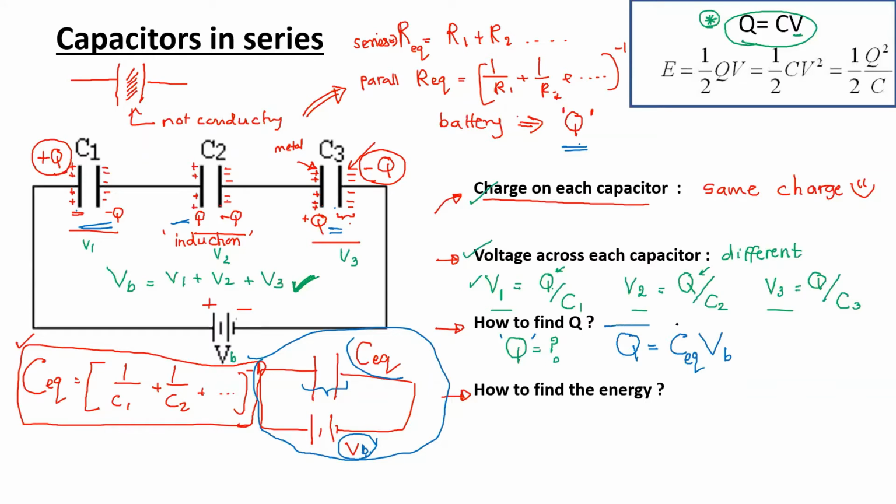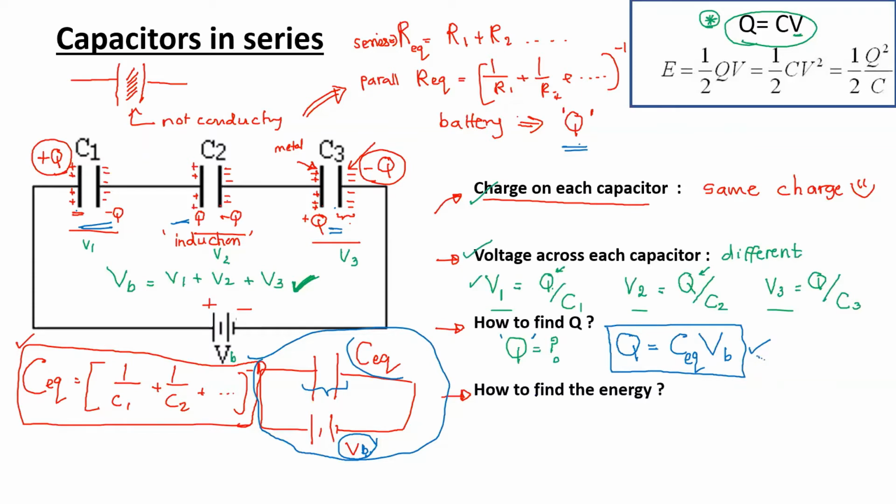So this is how you calculate the charge when your capacitors are in series. You find the equivalent capacitance, and then plug it into Q equals CV to find the answer. So are we okay with this?